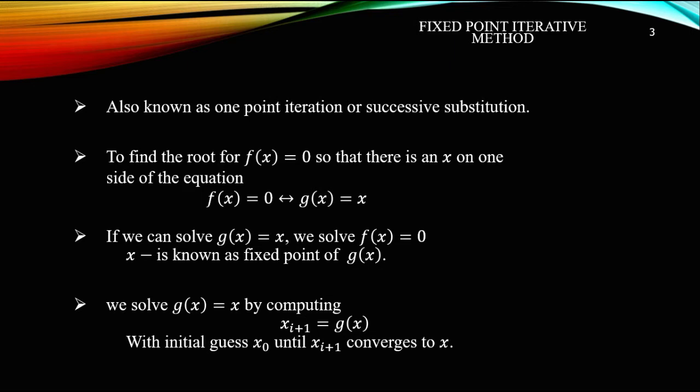For the initial guess, we will follow those steps which we have discussed in the previous lecture for the Newton-Raphson method, because the Newton-Raphson method is the modified form of the fixed point iteration method. In the same way as we found x naught, the initial guess for the Newton-Raphson method, we will find x naught, the initial guess for the fixed point iteration method.